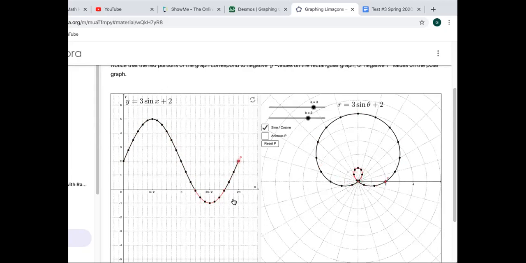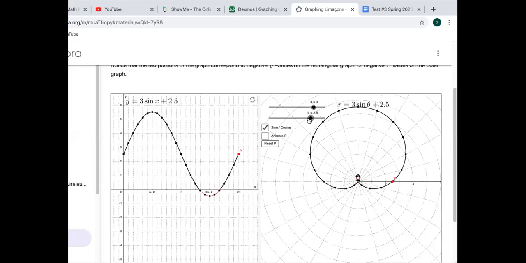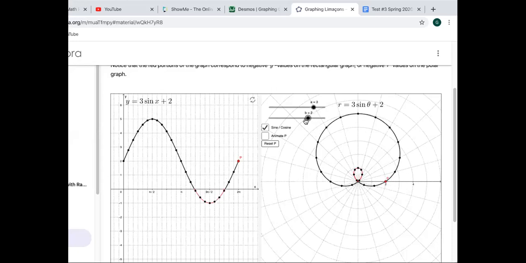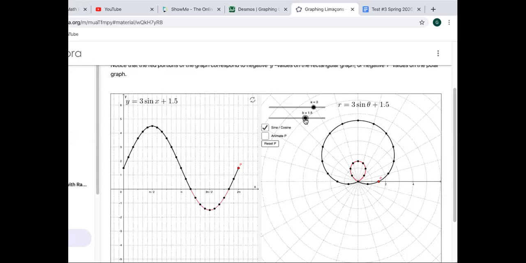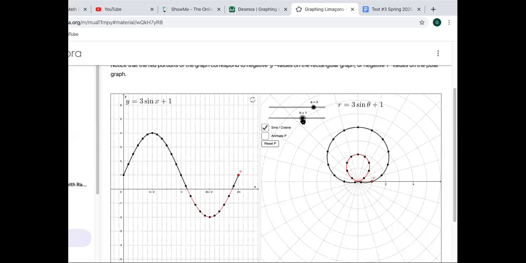I encourage you to bring up this web page and move it around and get a feel for the side-by-side comparison of the rectangular. Yes, excellent point Leo just made. As B gets smaller, the inner loop actually gets bigger, because the inner loop is this piece below the axis.